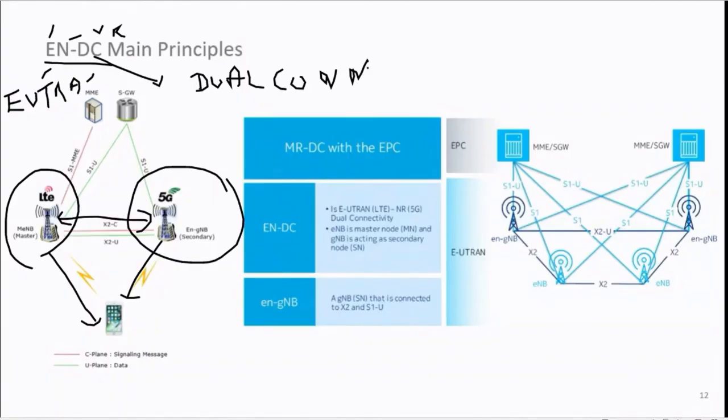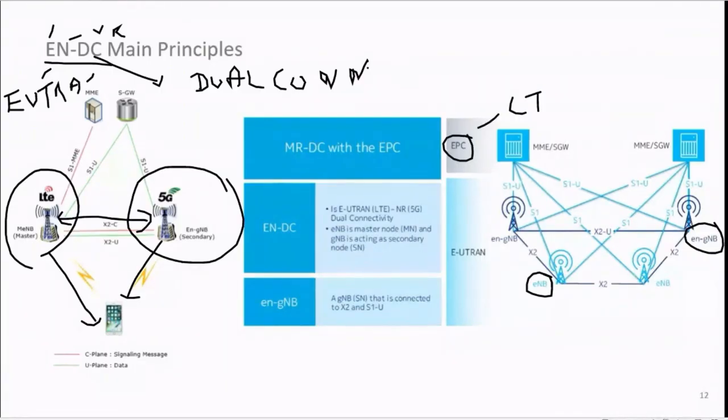In this, the UE is connected to one eNodeB that acts as a master node, and then we have this en-gNodeB that acts as a secondary node, right? You see here one term called en-gNodeB, and one is eNodeB, right? And you can see here I'm using the EPC, which is the LTE core, right?